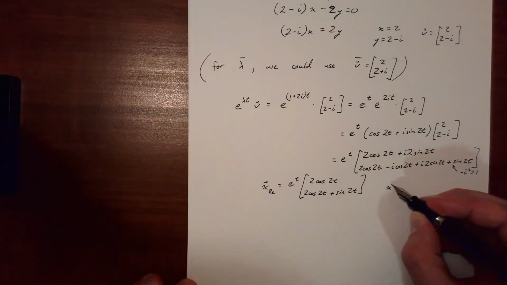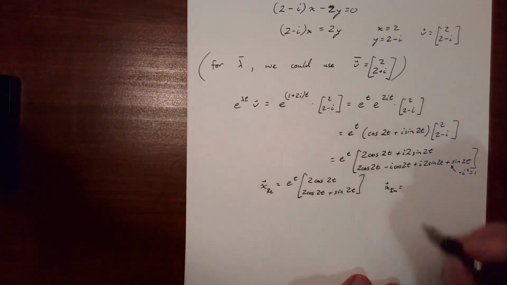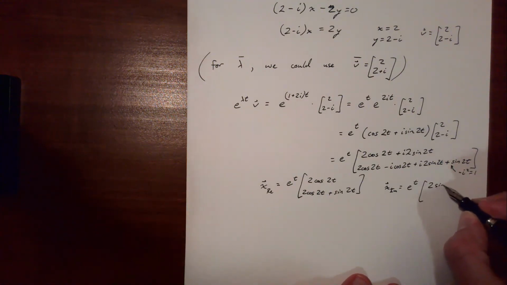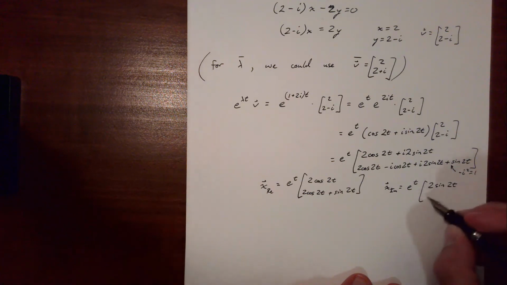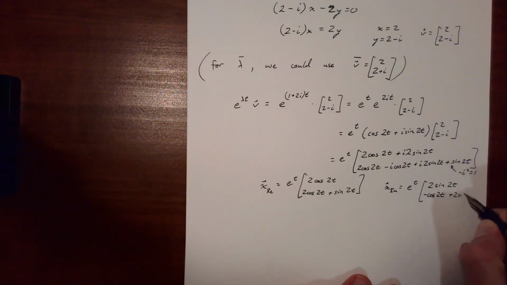And x imaginary will then represent all of the pieces of this that do have an i, so still e to the t in front. 2 sine 2t. And then negative cosine 2t plus 2 sine 2t.